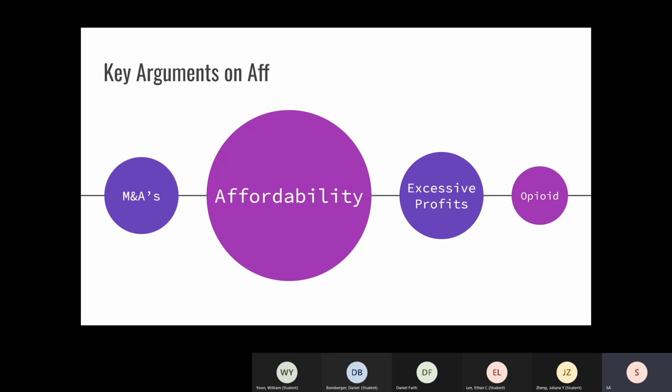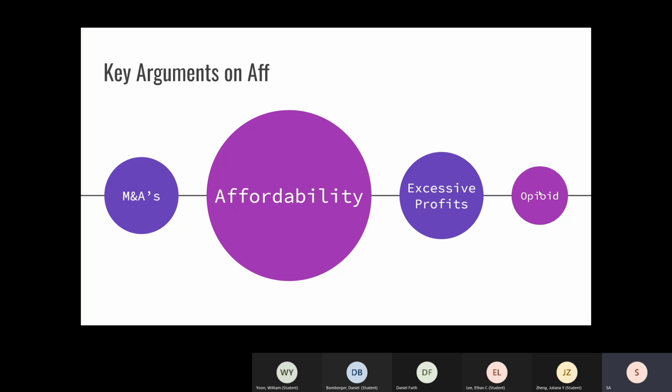The key thing to note though is that if they run any of these arguments under excessive profits, let's say the opioid crisis or mergers and acquisitions, they're basically conceding the link into your argument, and probably all of you are going to run innovation. The link into innovation on neg is that when profits decrease, so does innovation, right?